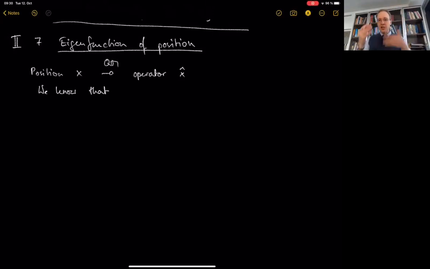The logic is quite similar to the parity discussion. We know certain things, and based on that we try to figure out more. So we know that when x operates on the eigenfunction, we should get the position back.